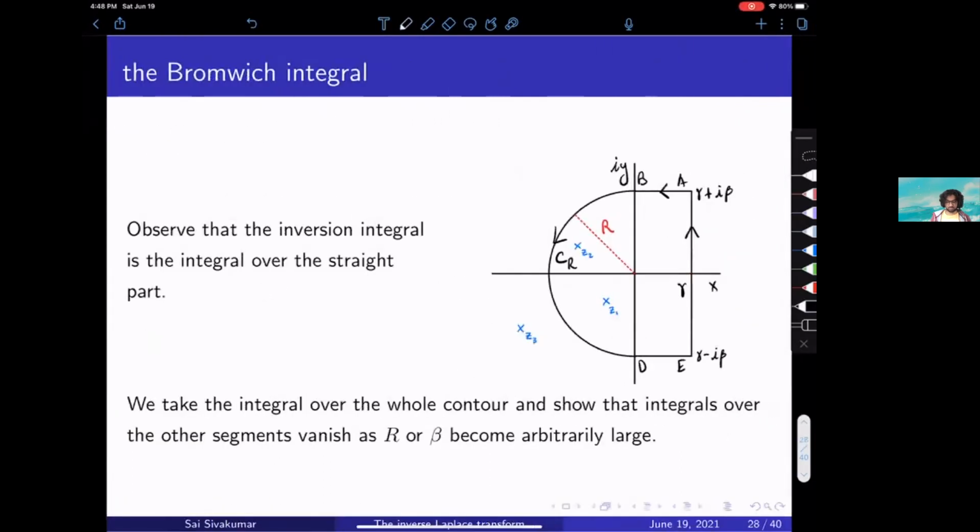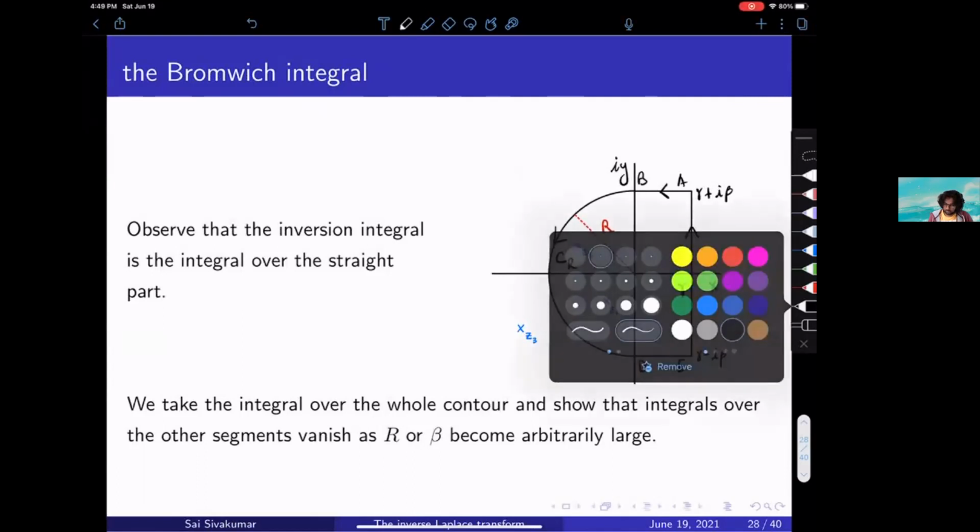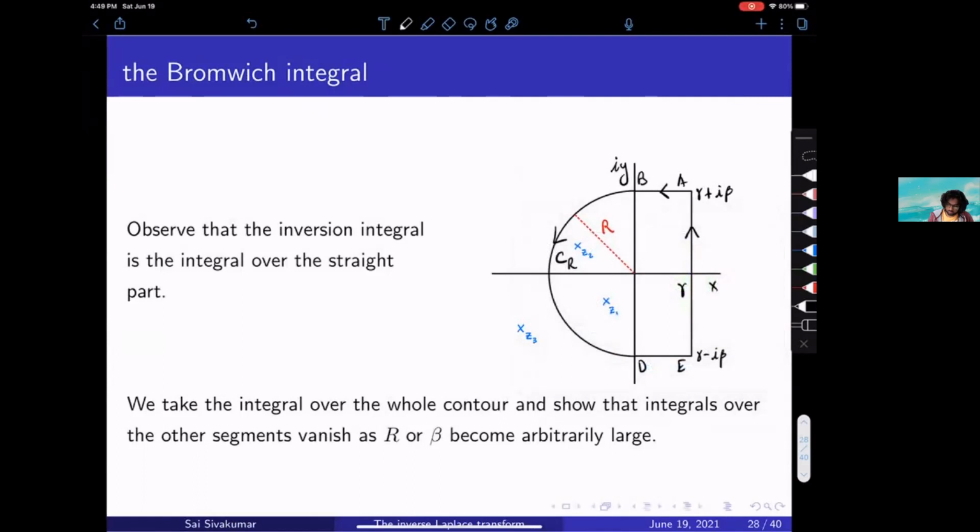So this is where we get into the Bromwich integral. If you actually try to compute this integral, it's easier to instead wrap around all the singularities to the left and then loop around so that we can use the residue theorem. So we just add up all the singularities that were enclosed by the loop.